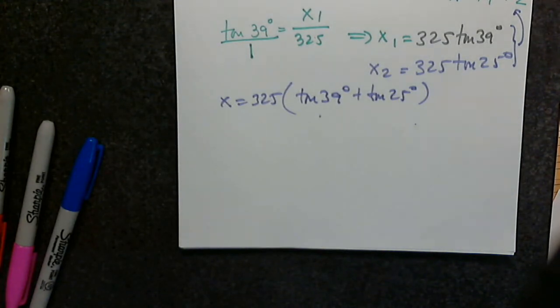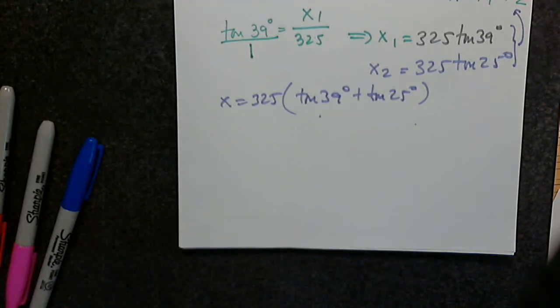So let's go to the calculator. Make sure that your calculator is in degree mode. So go to mode and change it to degree because I am going to put in degrees. And then second and quit. And write 325 in parentheses.